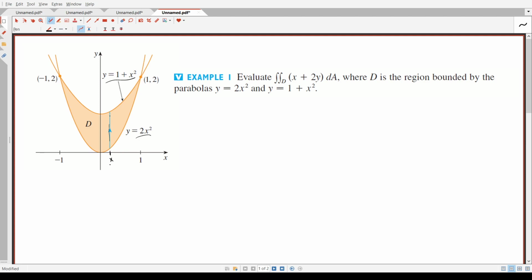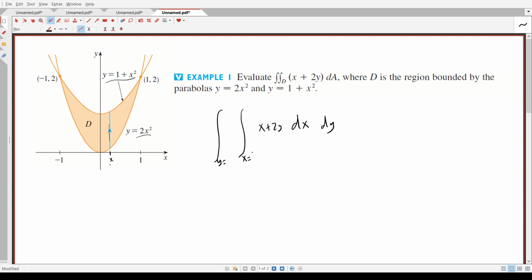So I'm going to integrate first with respect to x, so I'm going to put x plus 2y dx, and then integrate that with respect to y. I need to figure out what these bounds are, and you'll see why I chose this order in just a second.